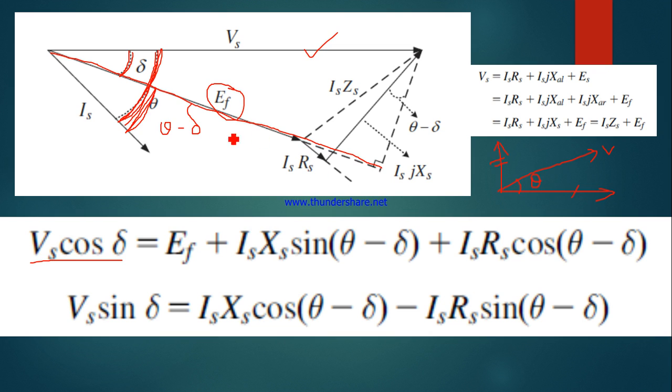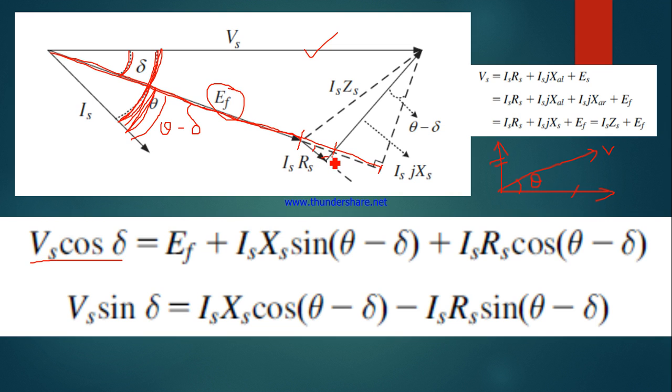So this V cos delta has three parts. One is from here to here, which is EF, then this part, and then this part. Now, as I told, if this angle is theta minus delta, then this angle is also theta minus delta.